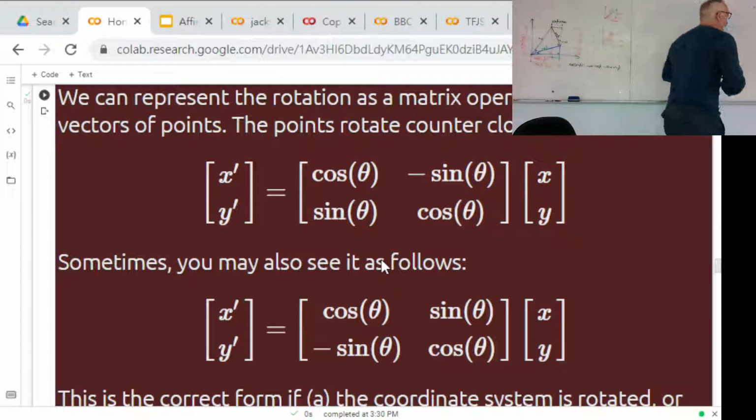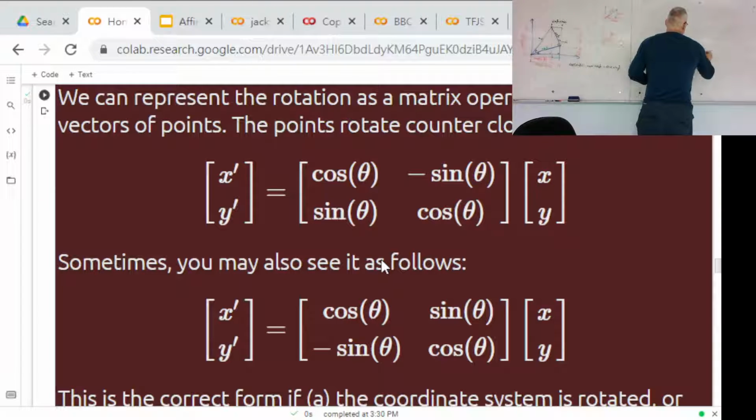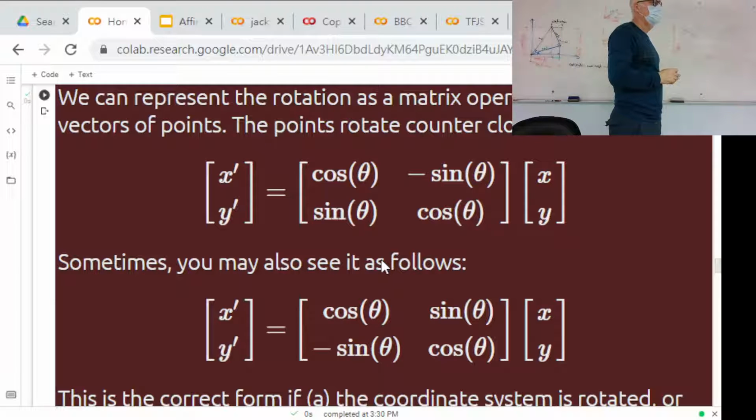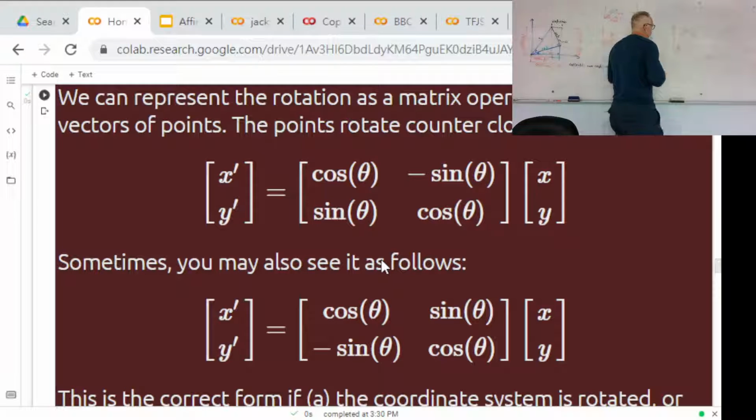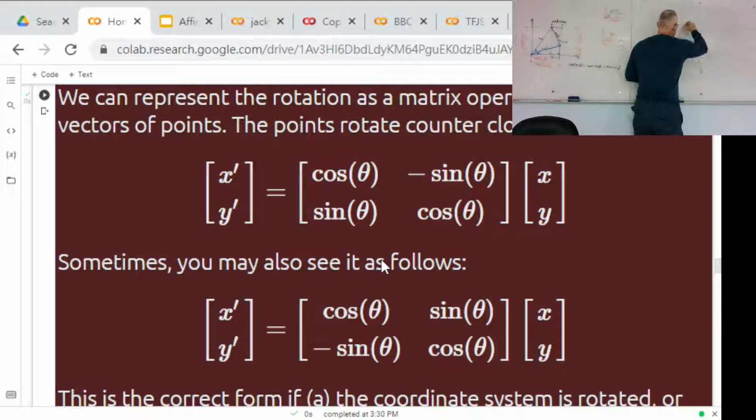Right? If I have a point and the point moves from here to there by theta, that's the same as taking the coordinate system and rotating the coordinate system by negative theta.